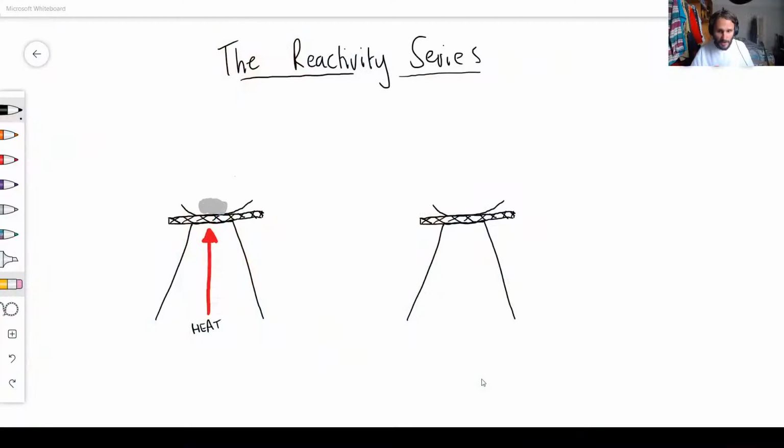So here we go. We've got a gray-black mixture over here. This gray-black mixture is a combination of magnesium, that would be the gray substance, and a black substance called copper oxide.